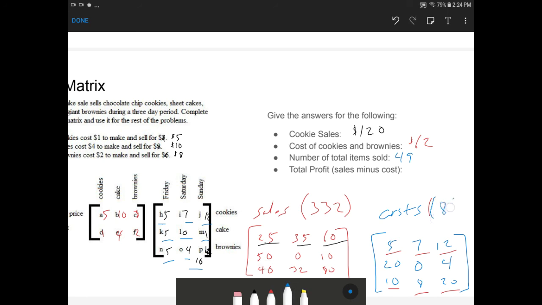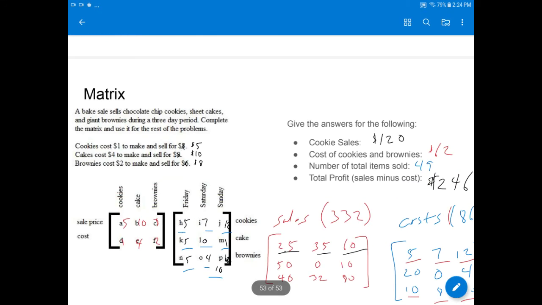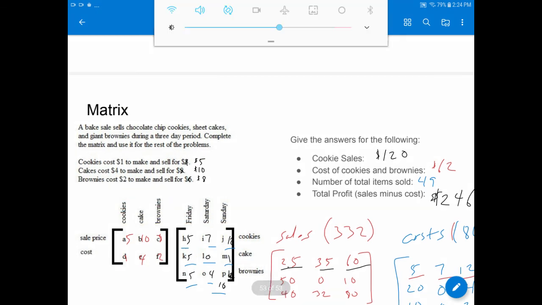So the costs were 86. So the difference there is 246 was the total sale, total profit. Okay, that was the last page. That was everything. Rewind, pause, do whatever you need to do.